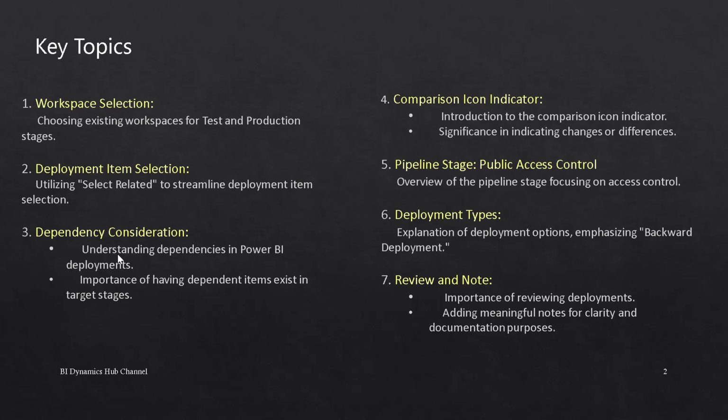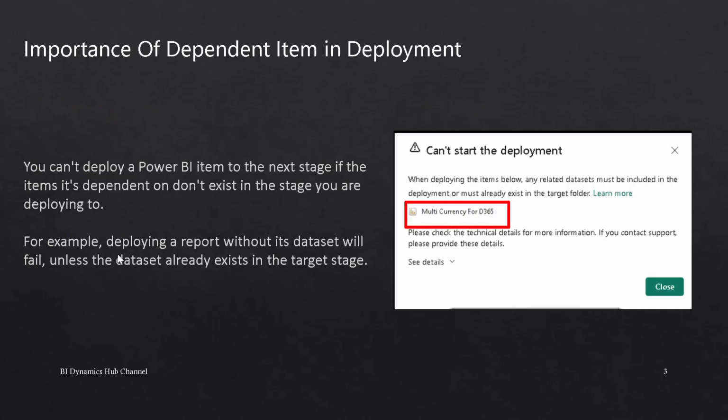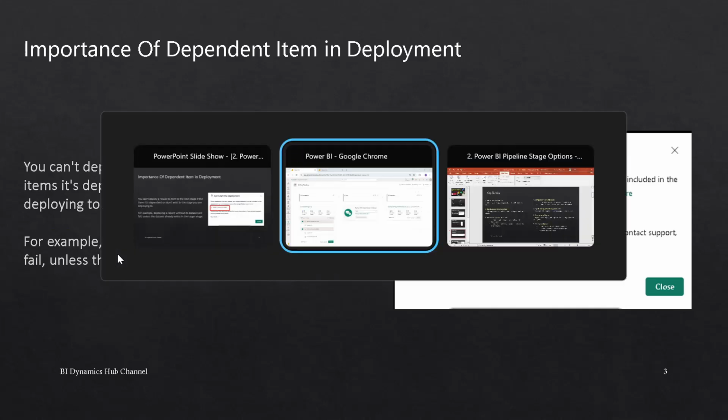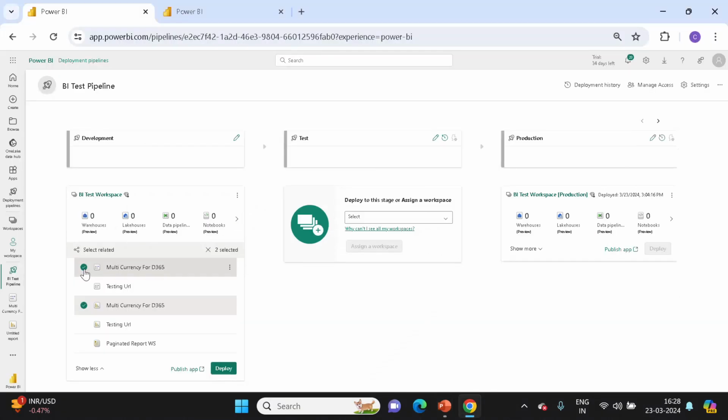The next is the dependency consideration. So basically in this slide we are going to see what happens when you are deploying a particular item from one workspace. Let me assign this first, test or test 1.